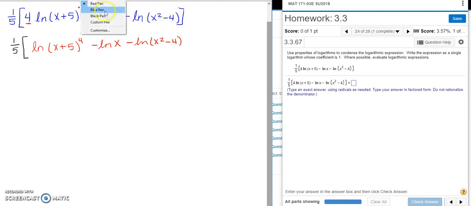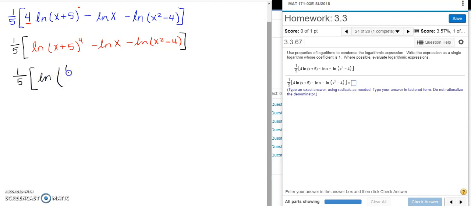Okay, so then I am going to start condensing where we have the subtraction. We'll leave it like that. This first one is positive, so it's going to be on top, because it's a positive term.